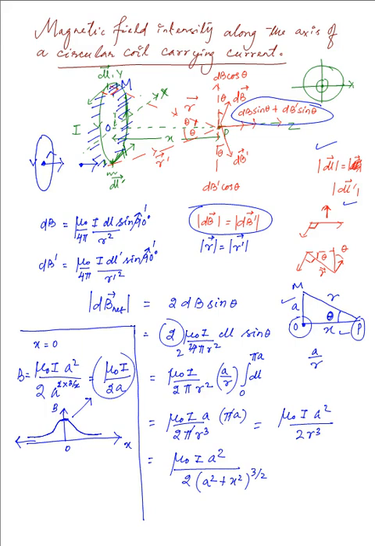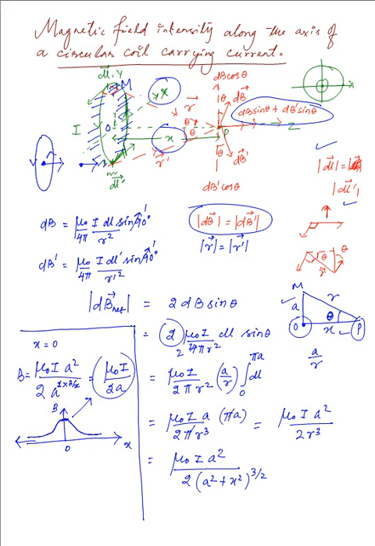Now, although that is the z-axis, I have taken the value as x, so that's not to be confused. This is the z-axis, but here the value has been taken as x. I could have taken it as z, but I'll be using that x once again later, when I'll be comparing this coil with the magnetic dipole.